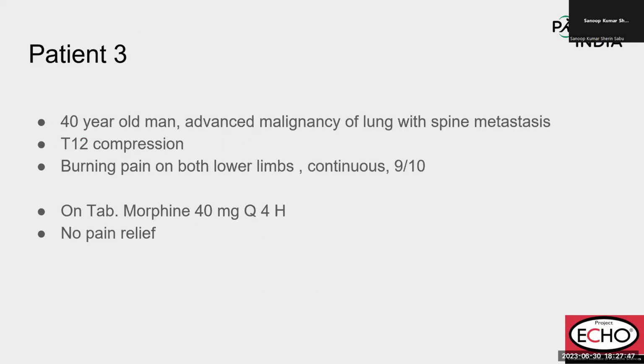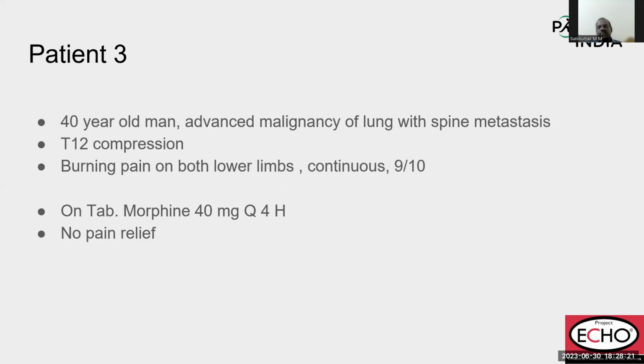But once you start on methadone, will you be able to reduce it and continue without methadone? I didn't get you, Sunil. Once you start methadone for this neuropathic pain, will you be able to reduce the dose and after that continue without methadone? We have not tried, because you know that the cost of gabapentin and pregabalin compared to methadone is very high.